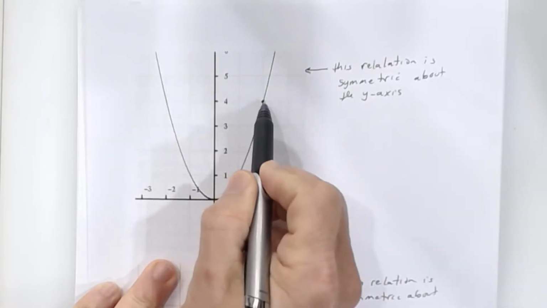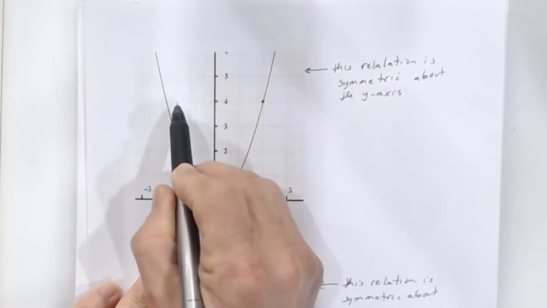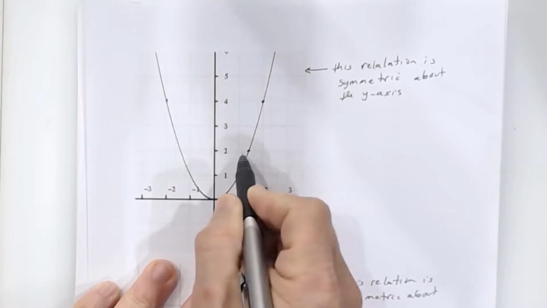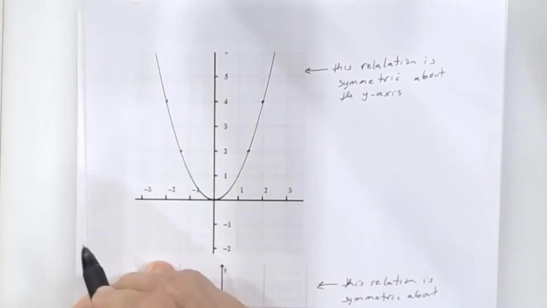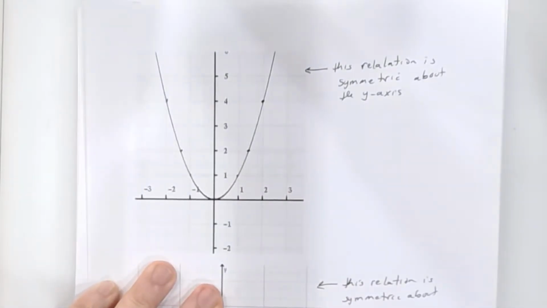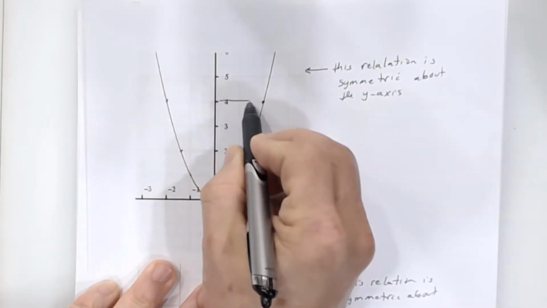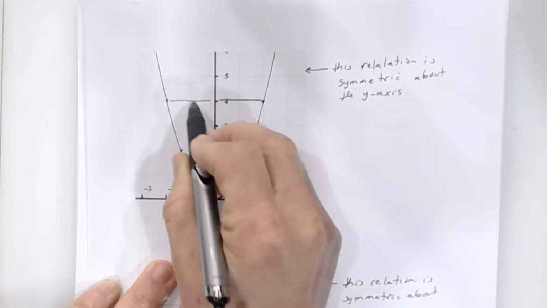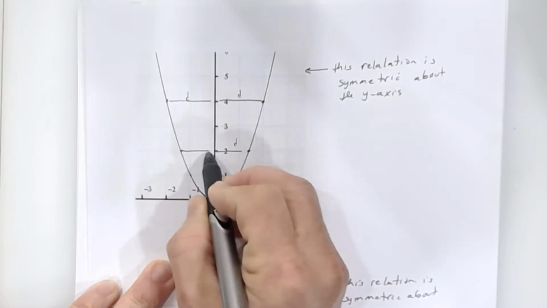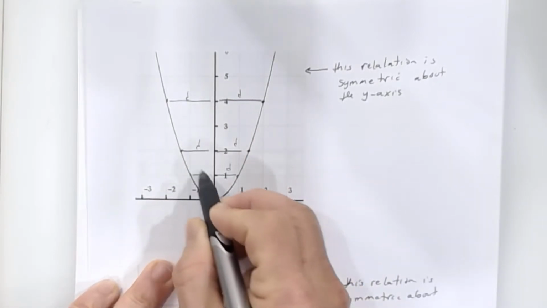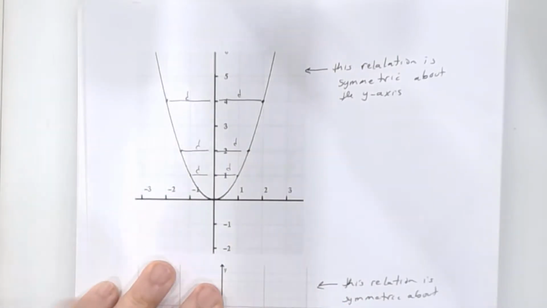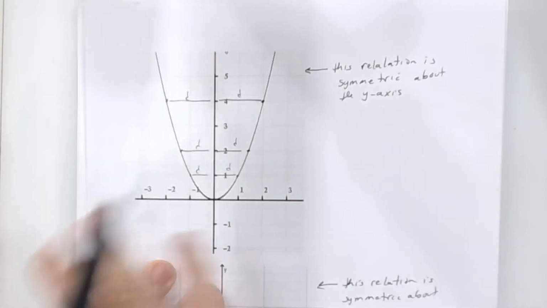That point reflected about the y-axis is this point. This point reflected about the y-axis is this point, correct? What can you tell me about these distances from the y-axis? They're equal. This distance is the same as that distance, correct? So that's one of the properties of having symmetry about the y-axis.